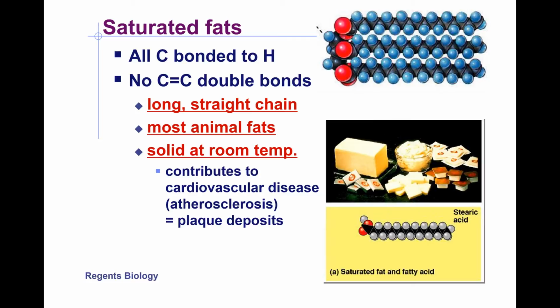It has no carbon to carbon double bonds. It's going to create a molecule that is long and straight and is easily packed one on top of the next. You find saturated fats mostly in animal fats, and they tend to be solid at room temperature. Now, these are your bad fats. These are the ones you really don't want to be consuming a lot.